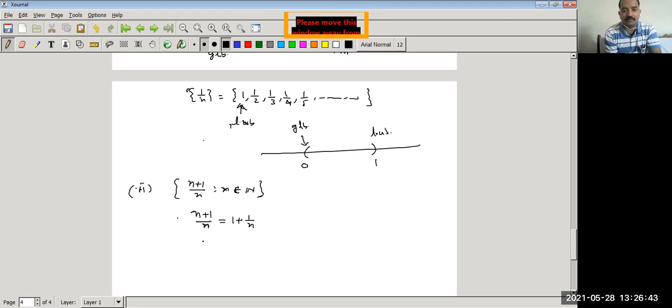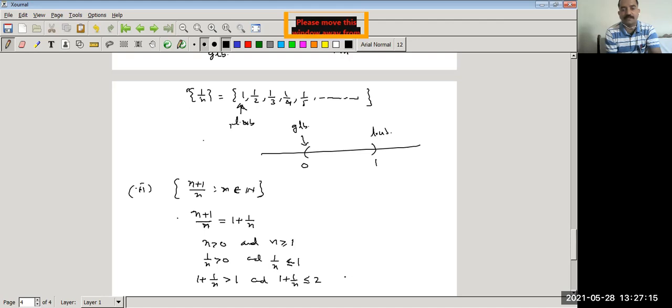In the same way, we can prove this. n is greater than 0 and n is greater than equal to 1. So 1 upon n is greater than 0 and 1 upon n is less than equal to 1. So when we add 1 to both sides, 1 plus 1 upon n is greater than 0 plus 1, that is 1, and 1 plus 1 upon n is less than equal to 1 plus 1, that is 2.